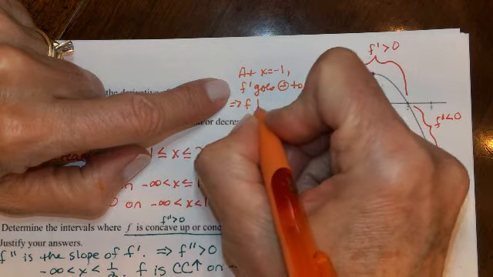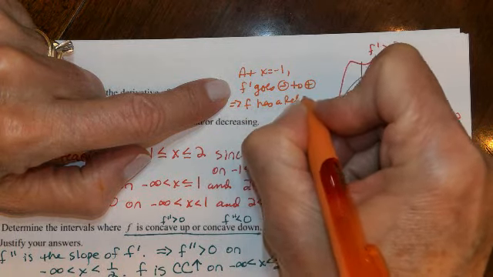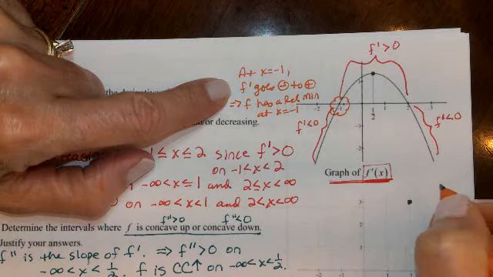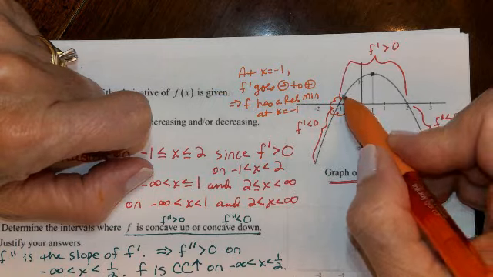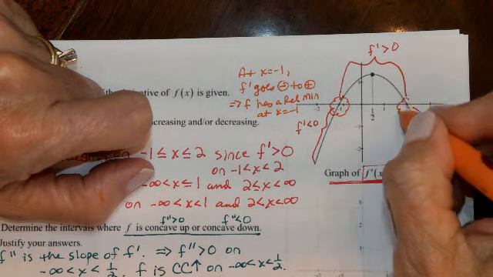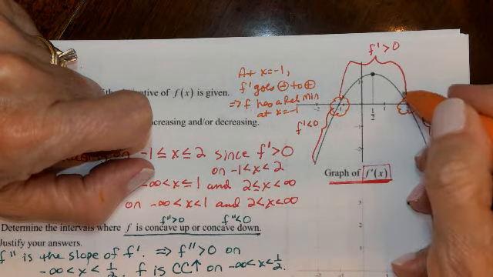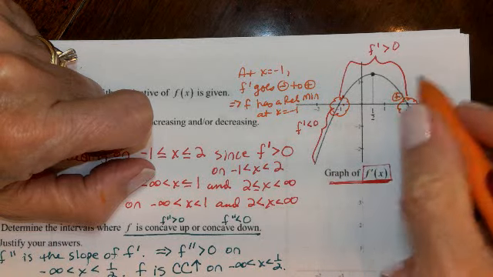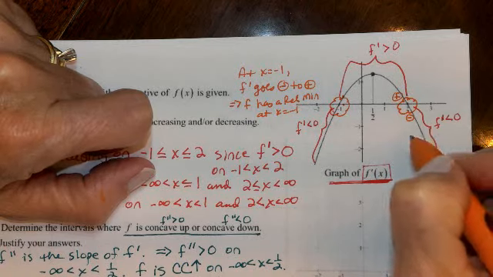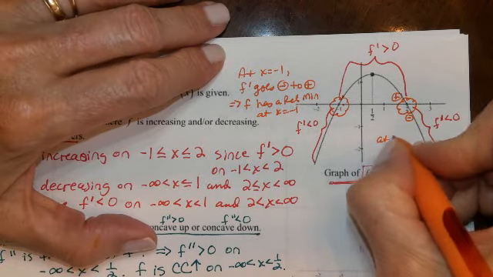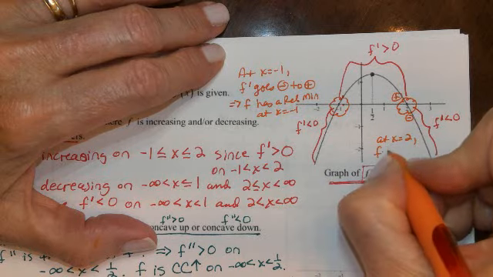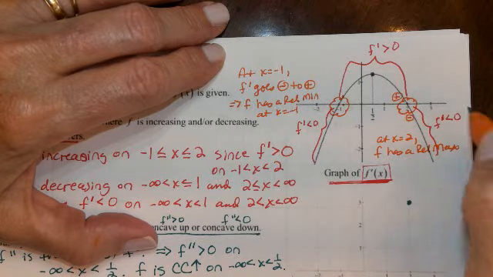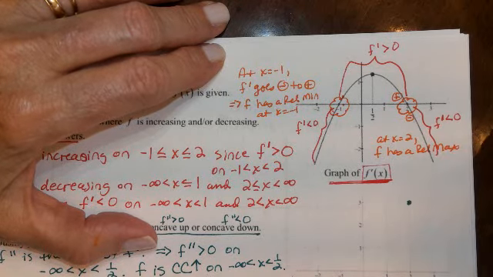That means f has a relative min at x equals -1, because f prime went from negative to positive. What about over here at x equals 2? Well, at x equals 2, f prime goes from positive to negative, from above the x-axis to below the x-axis. So at x equals 2, f has a relative max, since f prime went from positive to negative.